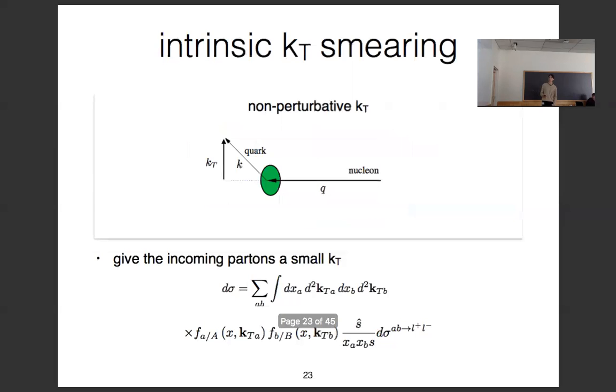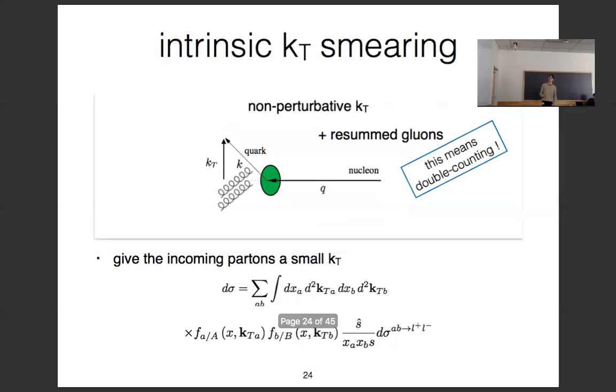One important thing to keep in mind is when you do this model, the initial kT of your parton is not just non-perturbative kT, but usually you take into consideration also the resummation of soft gluons, but then you also have a gluon emission here, and so you're actually doing double counting. So you must handle this kind of model with care.